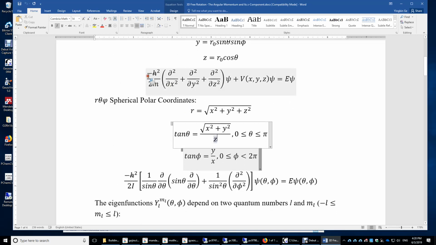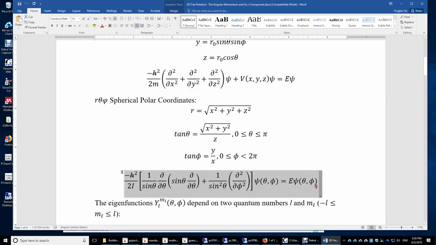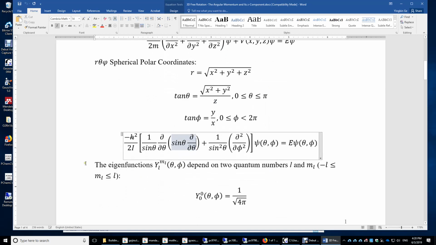And then we can convert this Schrödinger equation in the xyz coordinates to the r, theta, phi coordinates. Here r is r0, and I equals simply m times r0 squared for a one-particle system. If you have a two-particle system, I equals mu times r0 squared, where 1 over mu equals 1 over m1 plus 1 over m2.